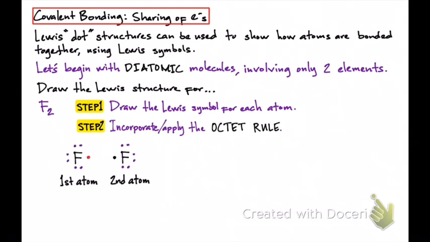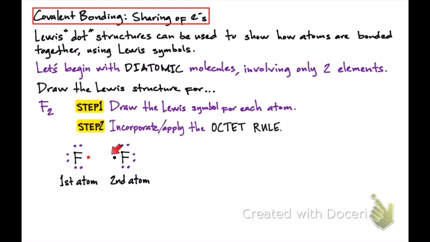So here's the Lewis symbol for the first atom of fluorine, and then the Lewis symbol for the second atom of fluorine. So you can see that each fluorine atom lacks one single electron. And so how can they form a bond and satisfy the octet rule?